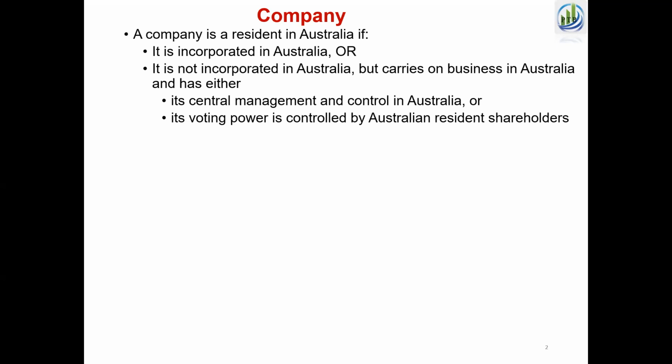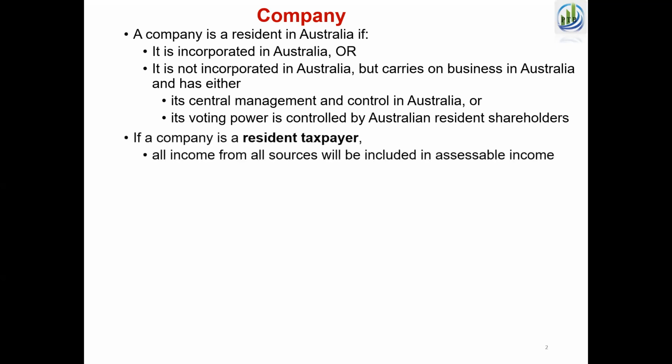Now we are going to see what the tax consequences are. If a company is an Australian resident company, it should include all the income from Australian sources and other international sources in the Australian tax return. What happens?